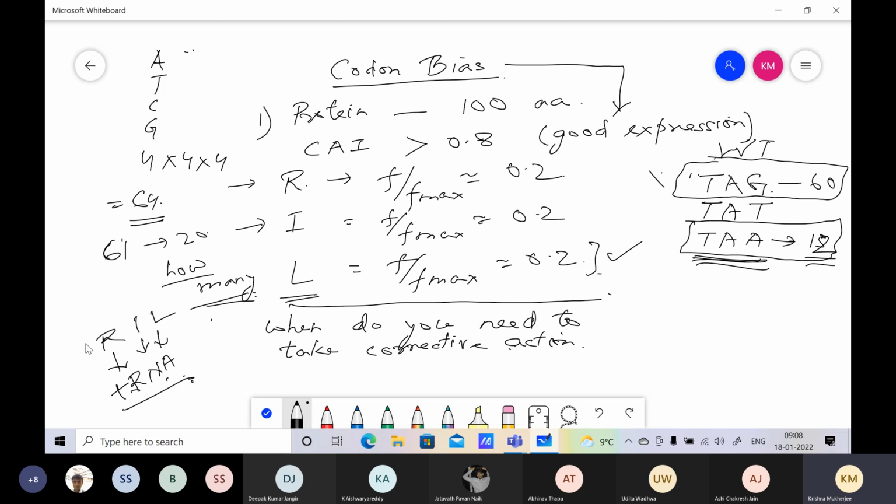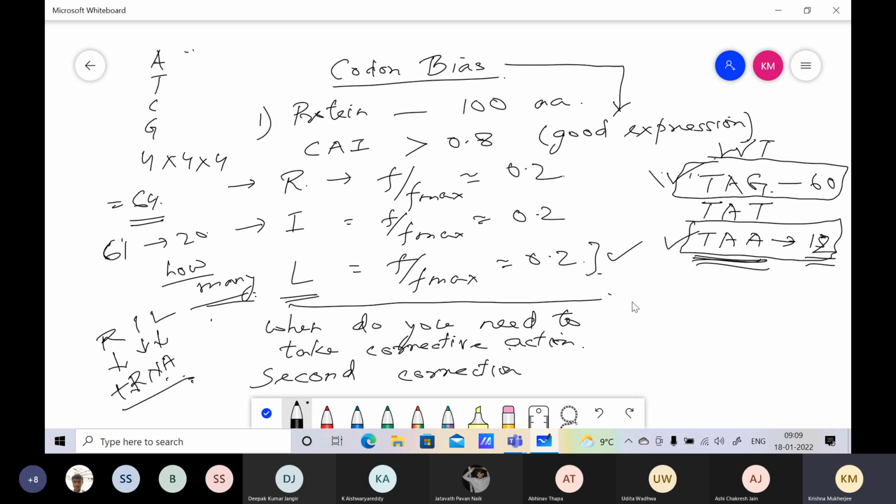So one corrective action would be to introduce tRNA genes which code for that particular anticodon which is present in your gene, because you want good expression. And the second corrective action is harder, but nowadays has become easier and simpler, which is to take the gene and give it to a shop and say, wherever there is TAG, please replace it by TA.